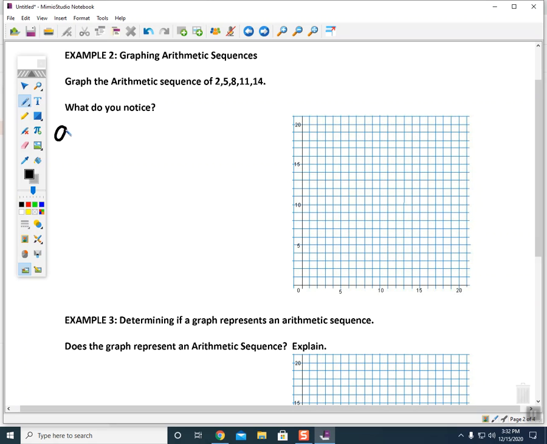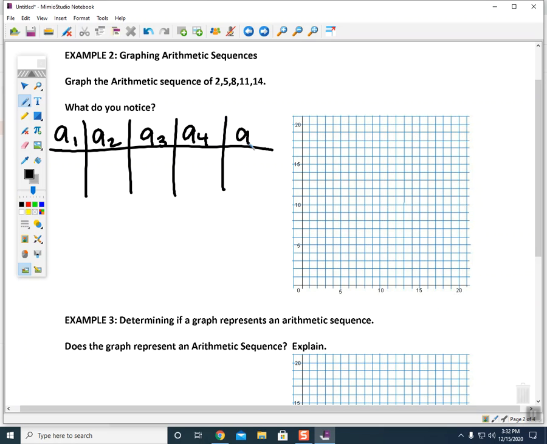So I would have a sub 1, a sub 2, a sub 3, a sub 4, and a sub 5. Then this is 2, 5, 8, 11, 14. So here is a list of my sequence broken up by what term it's in.